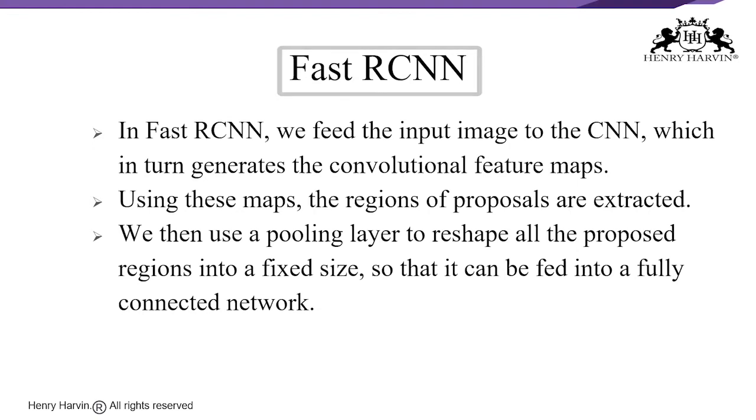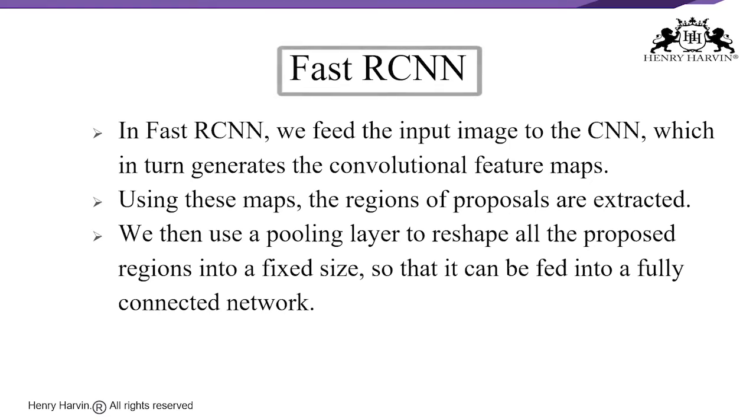Here we feed the input image to the CNN, then it produces convolutional feature maps, right? Then using these maps, the region proposals are extracted. Then we use the ROI pooling layer, which is the region of interest pooling layer, to reshape all the proposed regions into a fixed size so that they can be fed into a fully connected network.